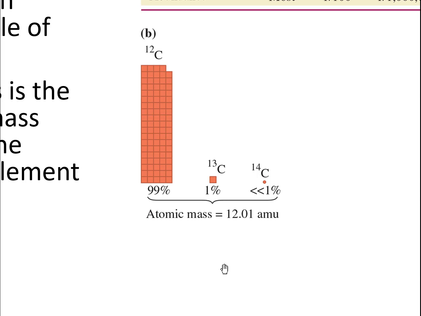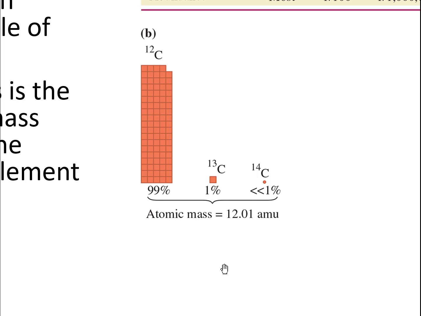But because of that, if I find the average mass, that's the relative mass compared to the different isotopes, that's why carbon has a mass of 12.01. So that's the reason why the periodic table has those numbers after. It is because there are atoms of the same element, they have the same number of protons and electrons, but they differ by numbers of neutrons.